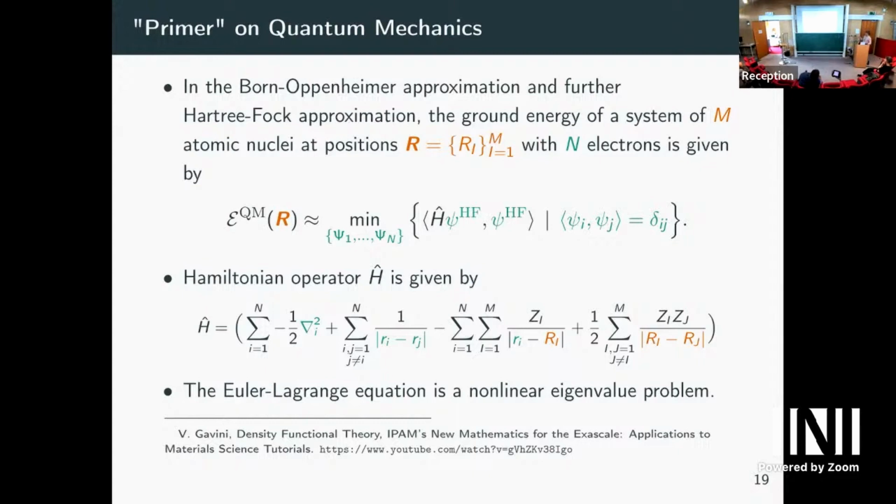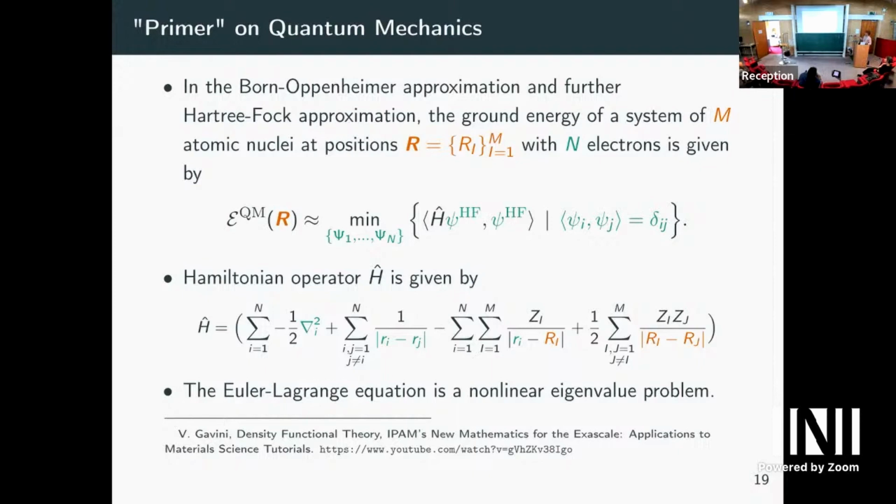But essentially, in approximations to quantum mechanics, in particular, we use the Born-Oppenheimer approximation, which tells you that because the mass of atomic nuclei is so much larger than the electrons, essentially you can treat the nuclei positions as fixed parameters, and then you simply model the electrons around them.